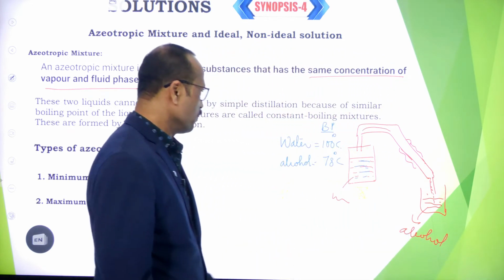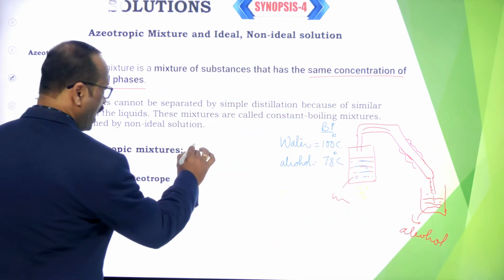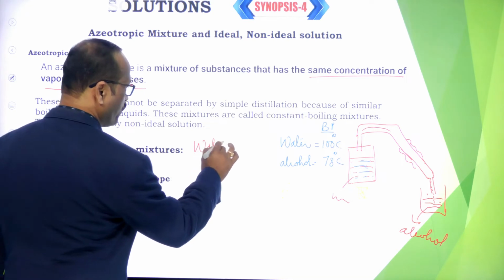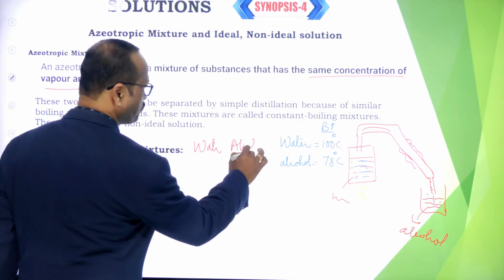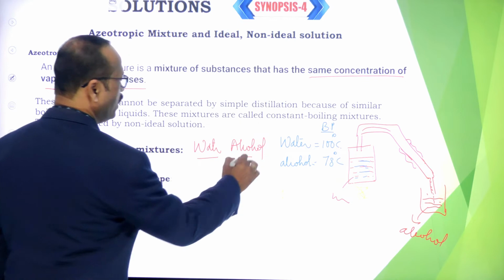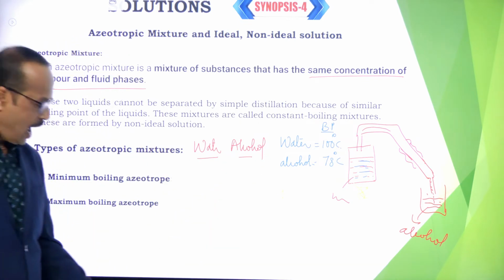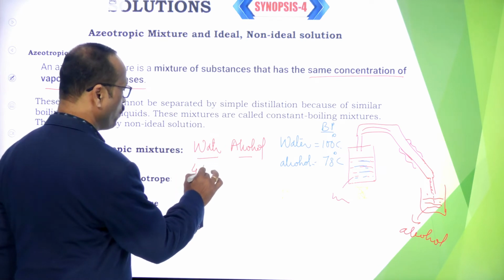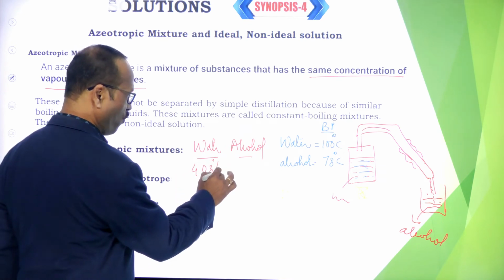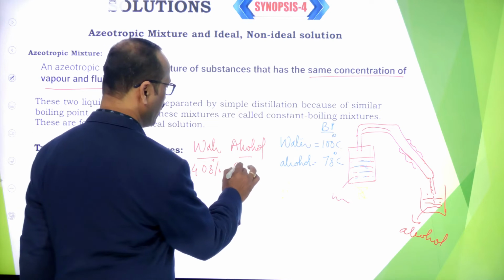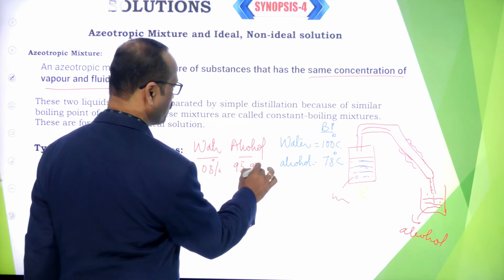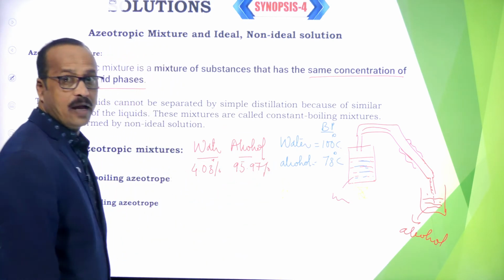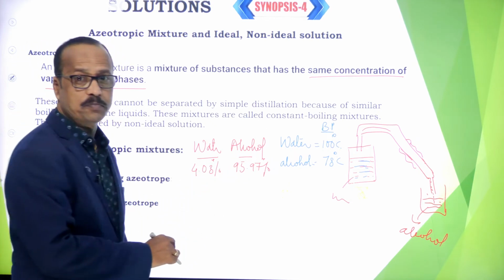Okay, for example, if you see here, what are we taking? Water and alcohol. I am taking 4.03% of water, and the remaining, how much? 95.97% of alcohol.